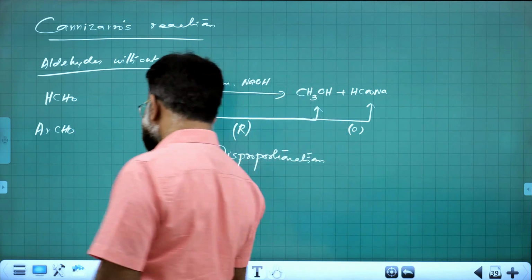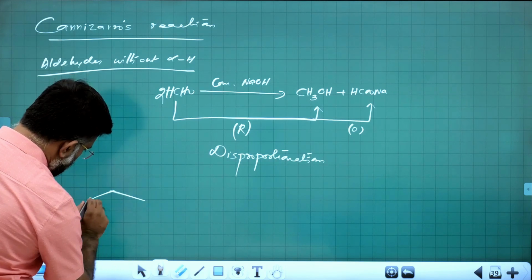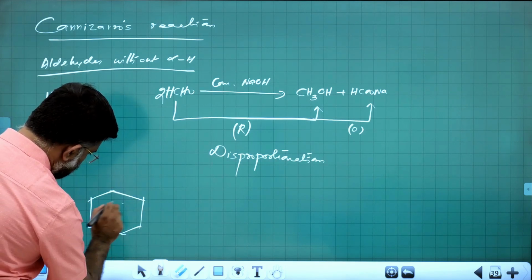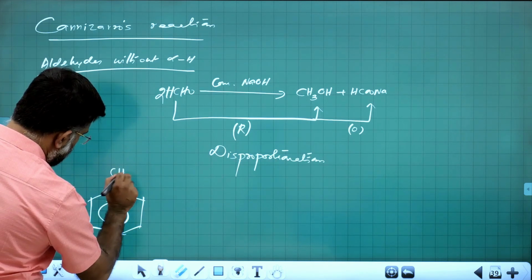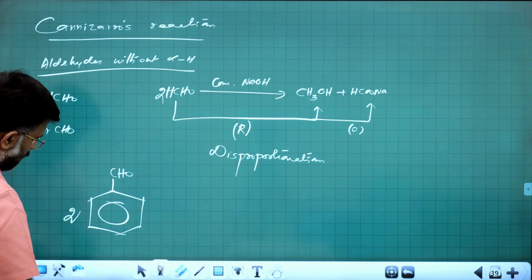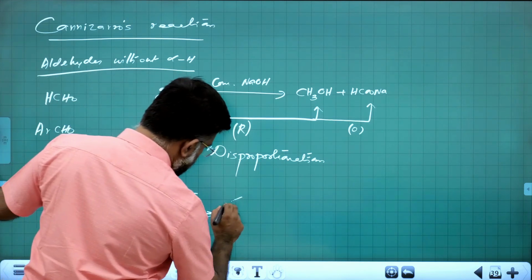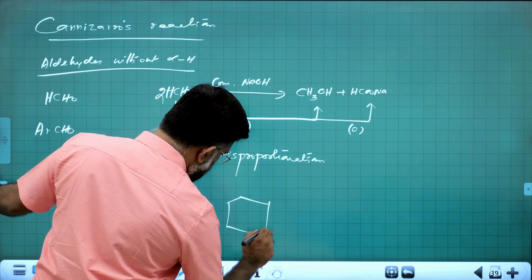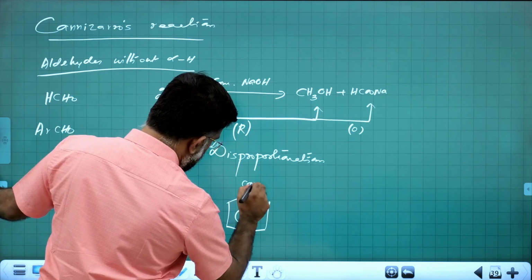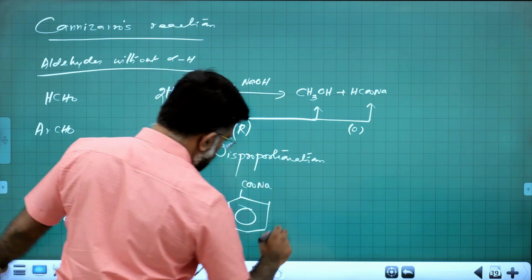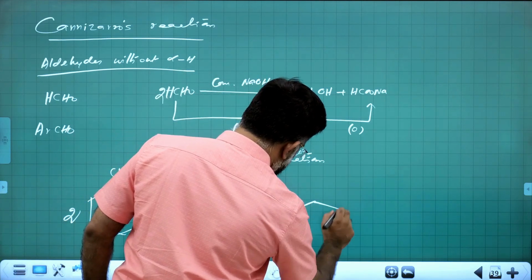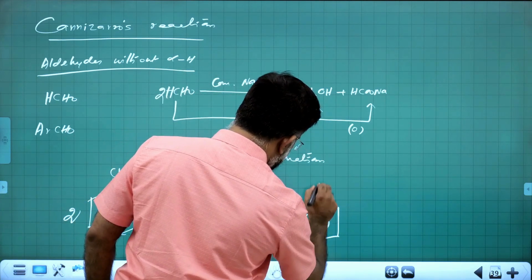If you take benzaldehyde, which again does not contain an alpha hydrogen atom, two molecules when treated with a concentrated alkali, one of the molecules is oxidized and the other molecule is reduced.